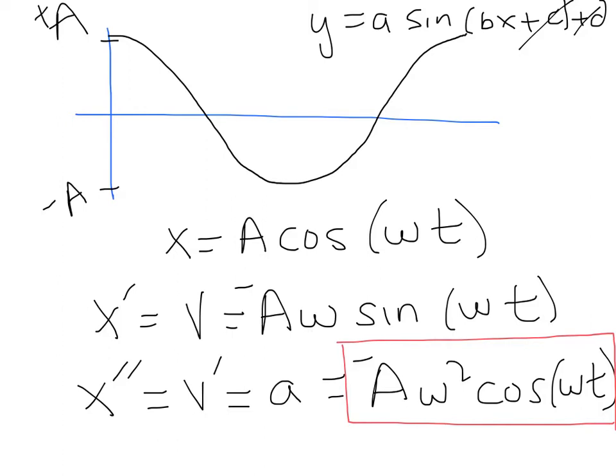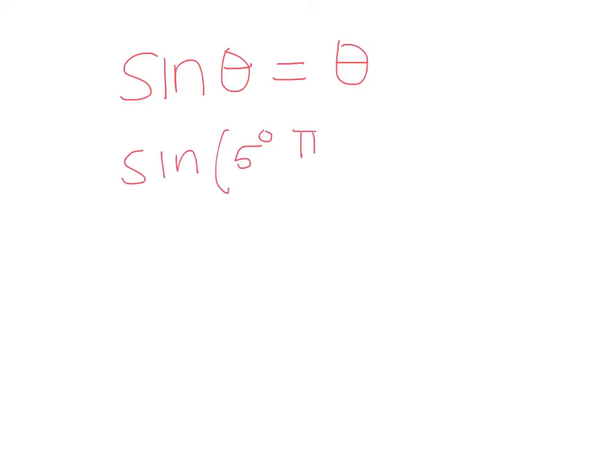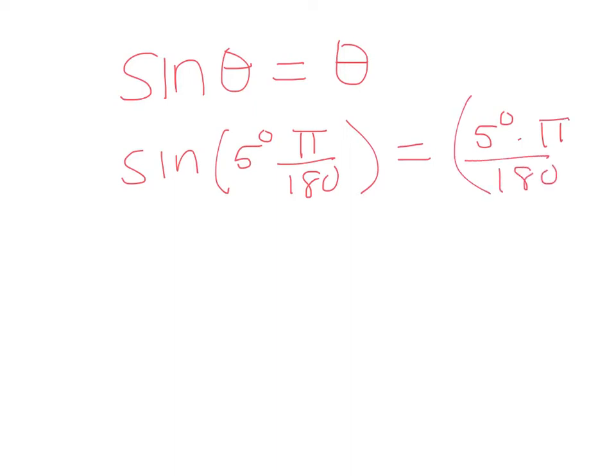We're also going to tie that with the small angle approximation we discussed yesterday: that the sine of theta for angles that were small, measured in radians, is equal to theta. That's if we plugged into our calculator units, and yesterday we actually did the sine of 5 degrees. We converted 5 degrees to radians, and showed that the sine of that value was actually equal to that, really close to within like a thousandth of a decimal.